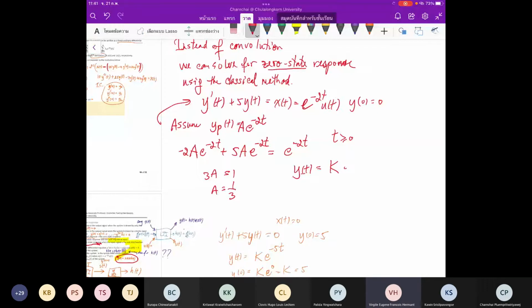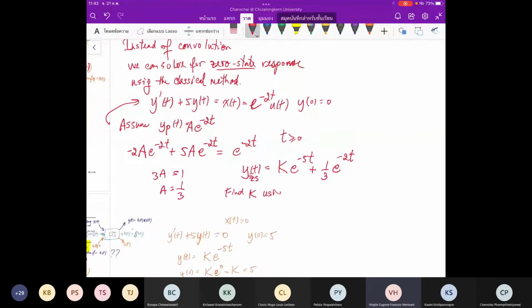That's our zero state response. We have to have both the particular solution and the homogeneous, or complementary, solution. But this one, we find k using y(0) equal to 0.